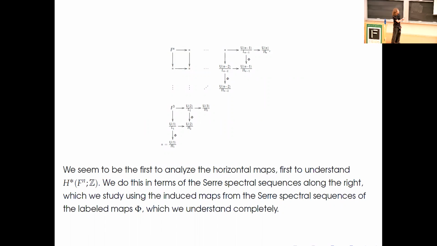So we did this in the first place to understand the cohomology, and the idea is that each of these fibrations has a Serre spectral sequence. Each of these squares gives a map of Serre spectral sequences, and you'd want to see what you can say to compute cohomology with this. And we understand the Serre spectral sequences over there. So the idea is you can use one to understand the other. And it turns out that all the ones along the left collapse.